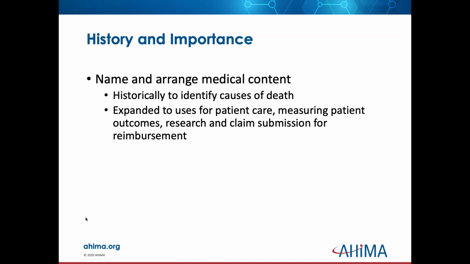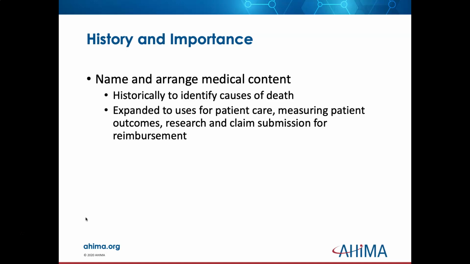So what about the history and importance of these systems and codes and content? Well, starting at the bottom of page 124, it really goes into the history behind this. I'm not going to go too deeply into this, but I will say that originally when they started thinking about clinical terminologies, classifications, and code systems, it was to identify causes of death across the United States.